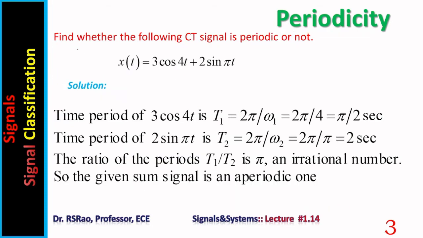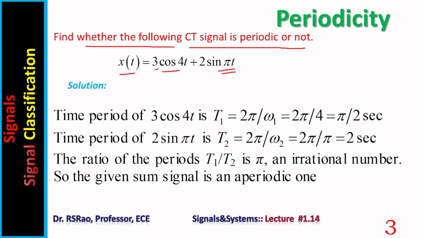We consider another problem. Find whether the following CT signal is periodic or not. Given signal is x of t is 3 cos 4t plus 2 sine pi t. Here the signal has two components, each one is periodic, but it doesn't mean that the composite signal is also periodic.